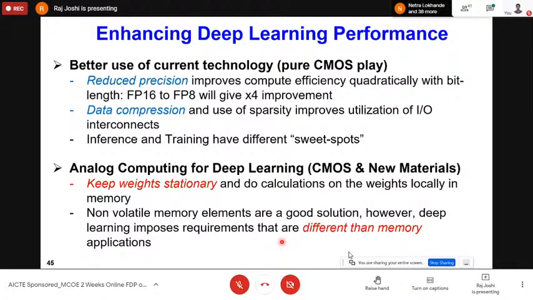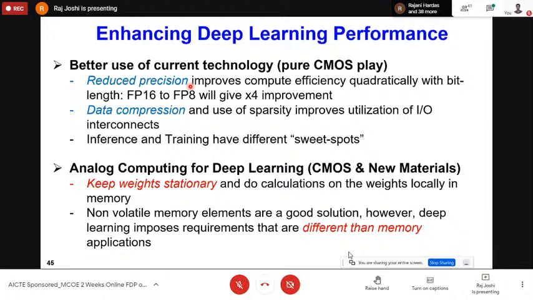So how do you increase deep learning performance? There are various ways. One is what we call reduced precision, or approximate computing. If I say 1.1, in some applications 1.1 is important, but in some applications we can say 1 is okay.